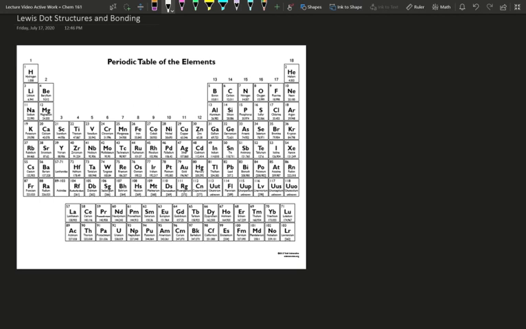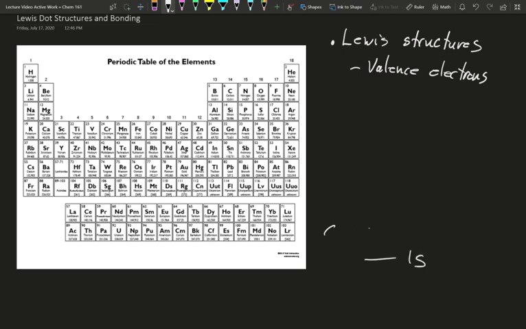And so our first step in this is Lewis structures. A Lewis structure is an easy way to draw a molecule to show you the bonding. To do this, we have to figure out the number of valence electrons. Remember, on an atom, let's say carbon, we have our 1s, our 2s, our 2p's, 1, 2, 3, 4, 5, 6.